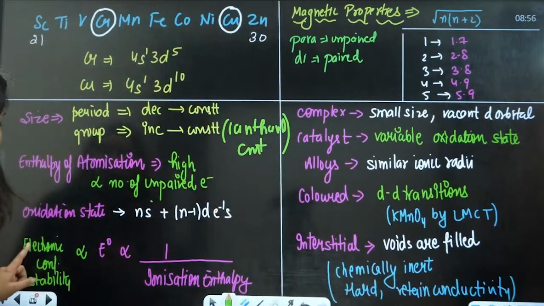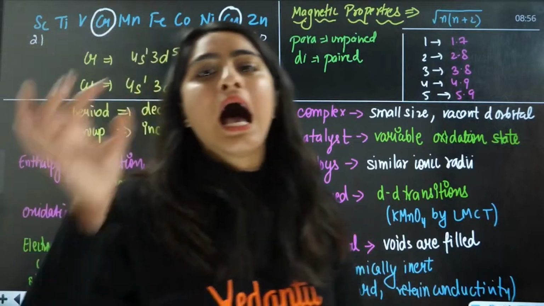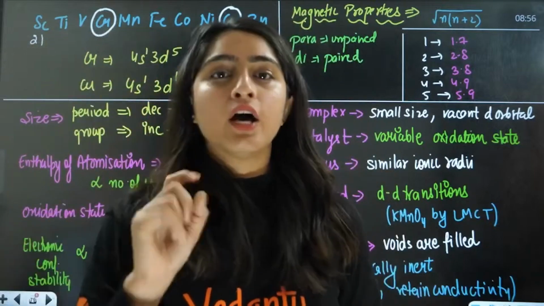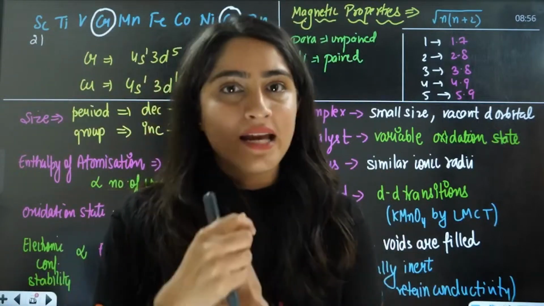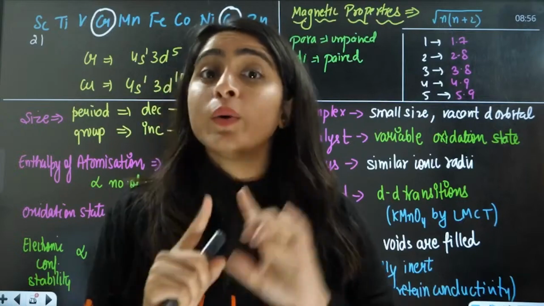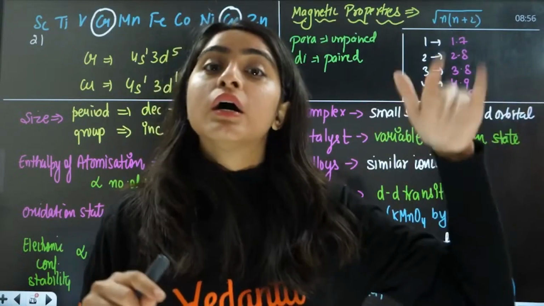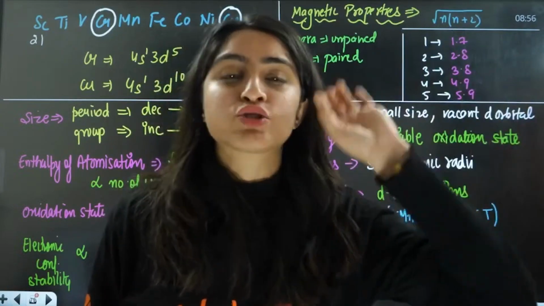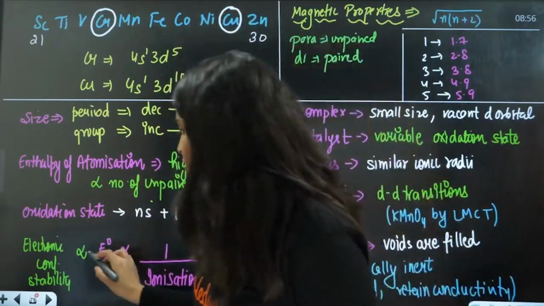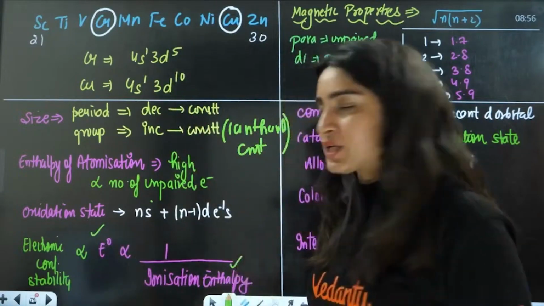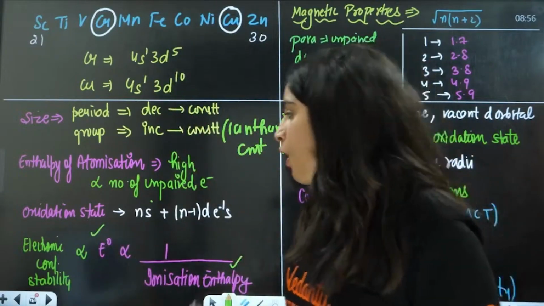Now let us talk about electronic configuration stability, ionization enthalpy, and electrode potential. They will ask you a question regarding ionization enthalpy and electrode potential, and you will have to write the electronic configuration when there is a question based on E naught or ionization enthalpy.